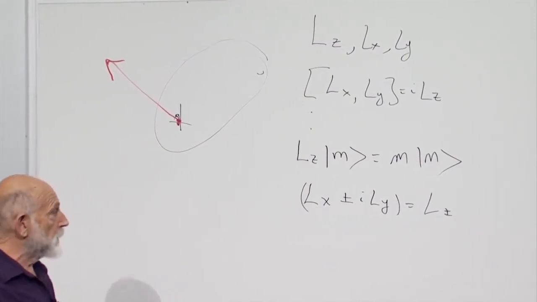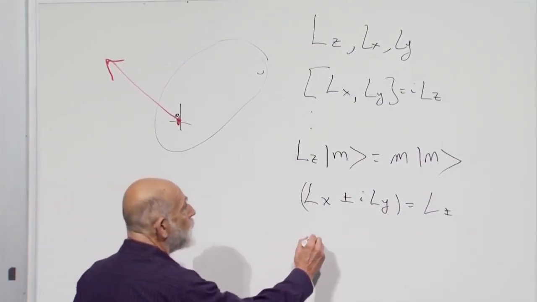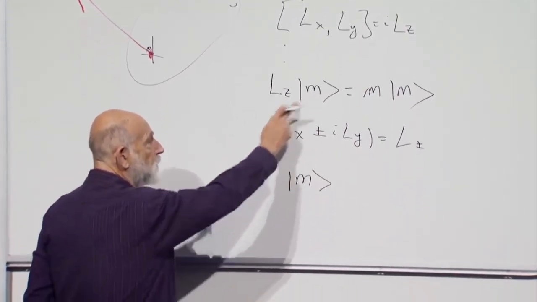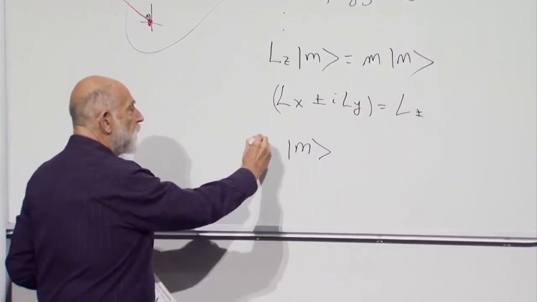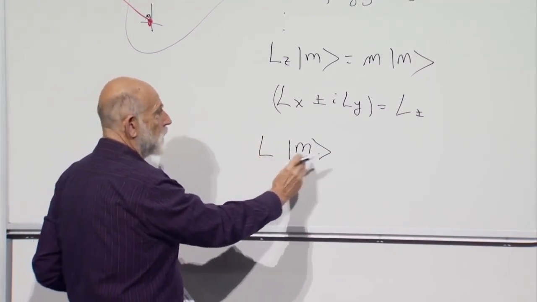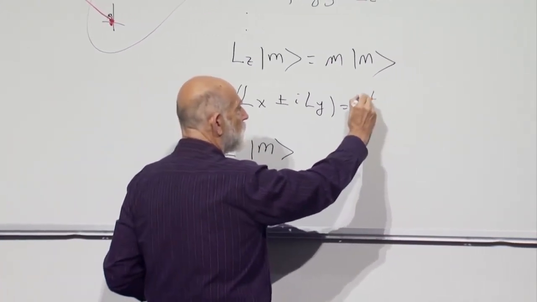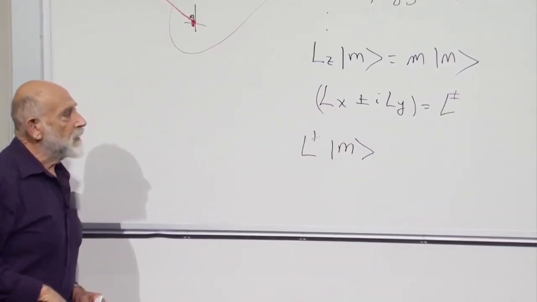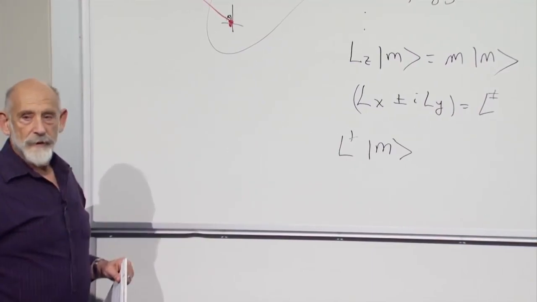But here's what we learned. We found out that if we start with an eigenvector of Lz with eigenvalue m, and we hit it with L plus, doesn't matter whether we put the pluses and minuses upstairs or downstairs, what did that do?